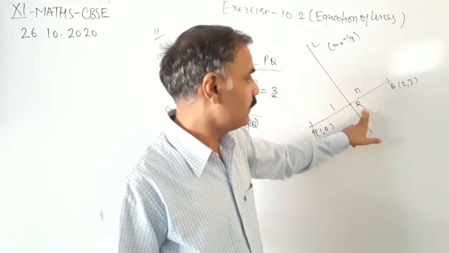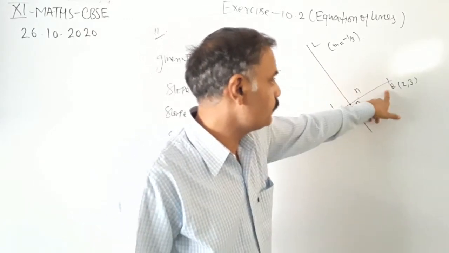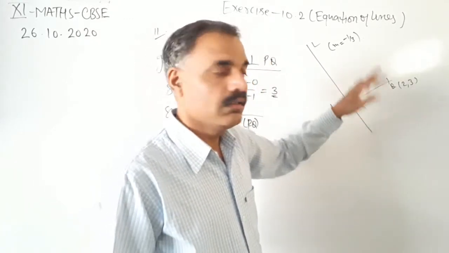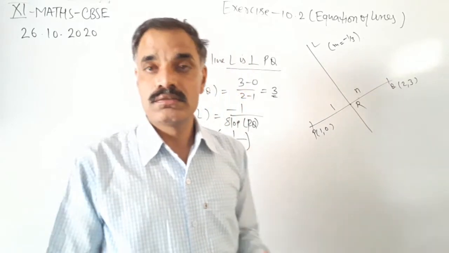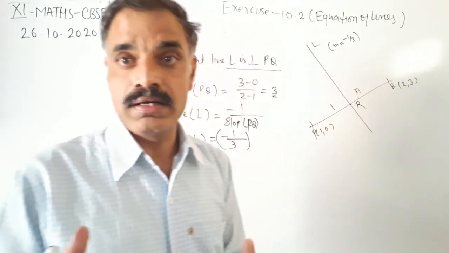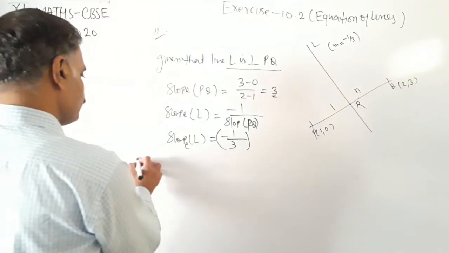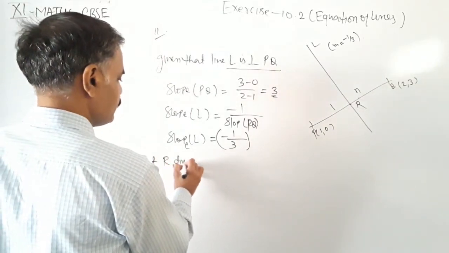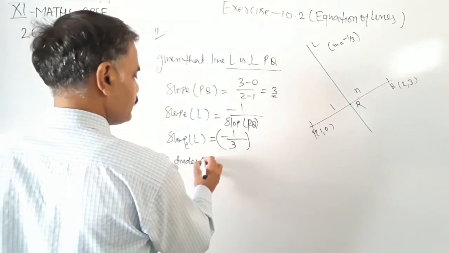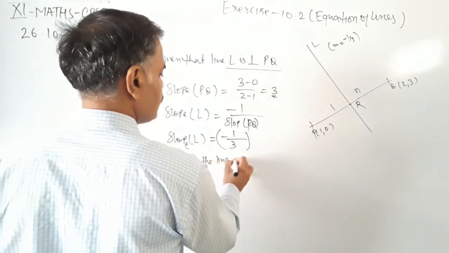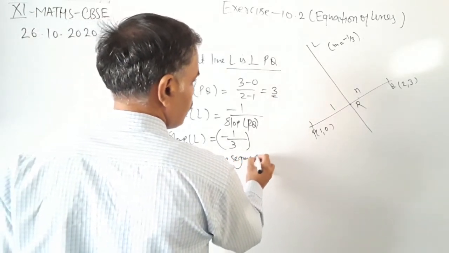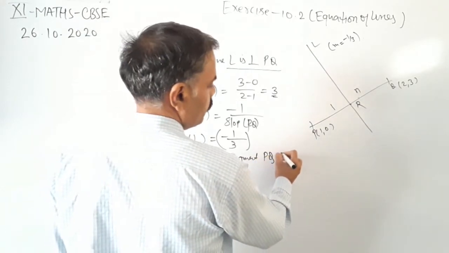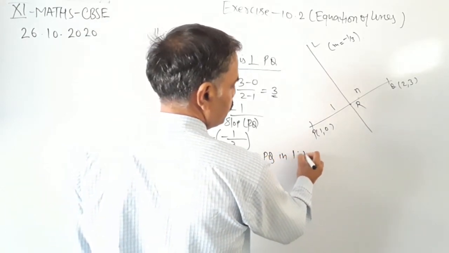This point R divides the line segment PQ in the ratio 1:n.